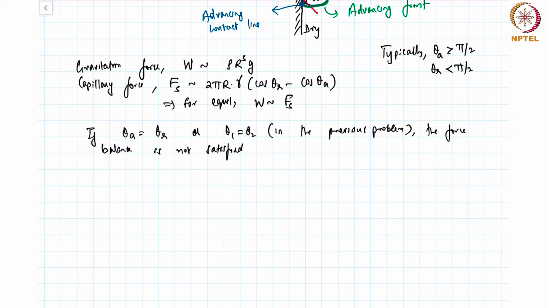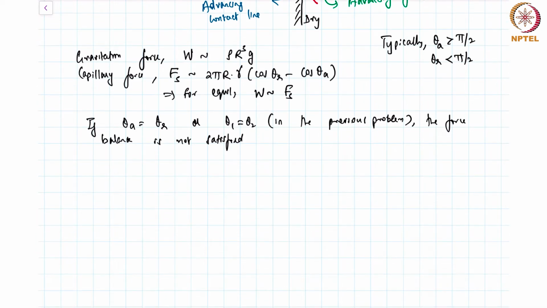Of course, there are pre-factors that one has to put in if one wants to do a detailed calculation between the two. But if these angles are equal, then the surface tension force, the capillary force, goes to 0, and the force balance will not be satisfied, and in fact it means that the drop will slide down. The drop or the plug in the previous problem will slide down.